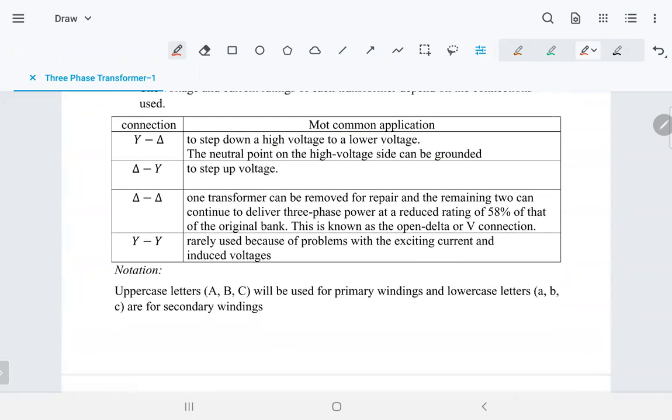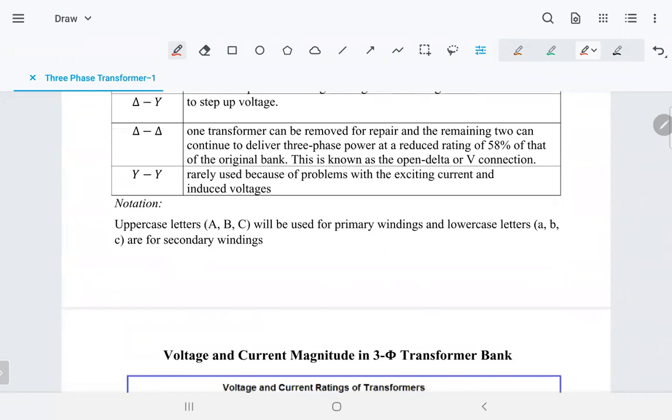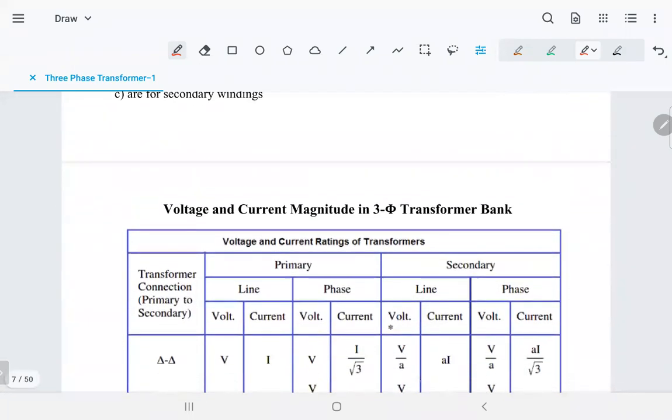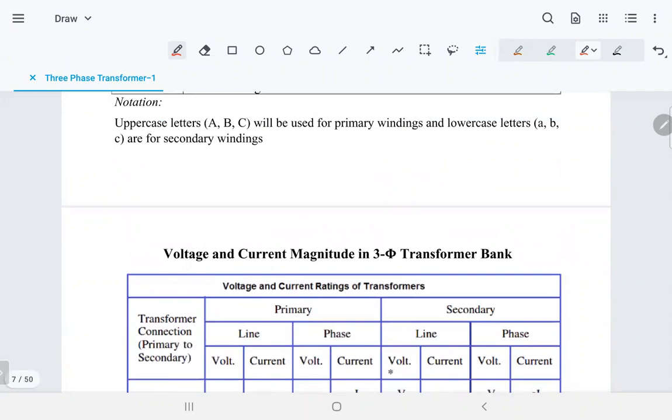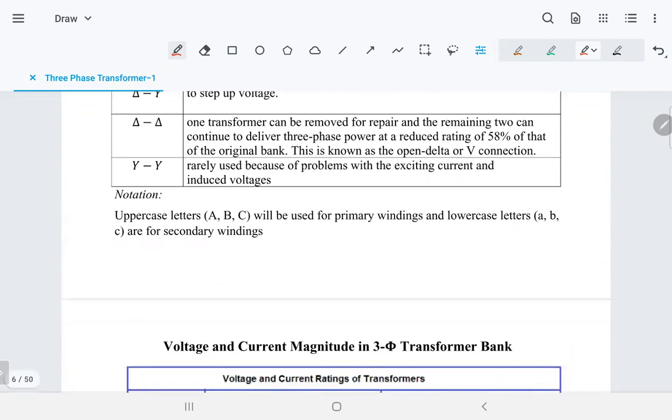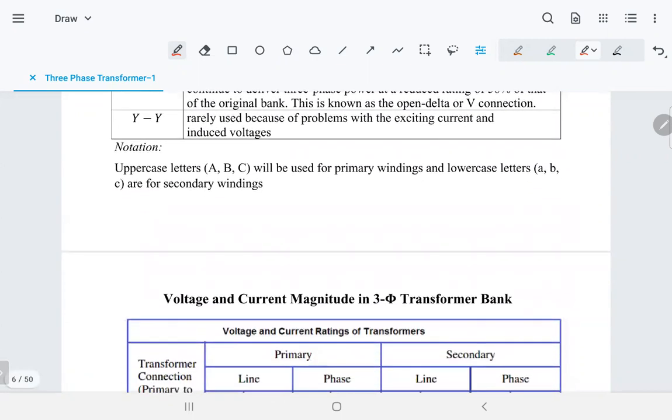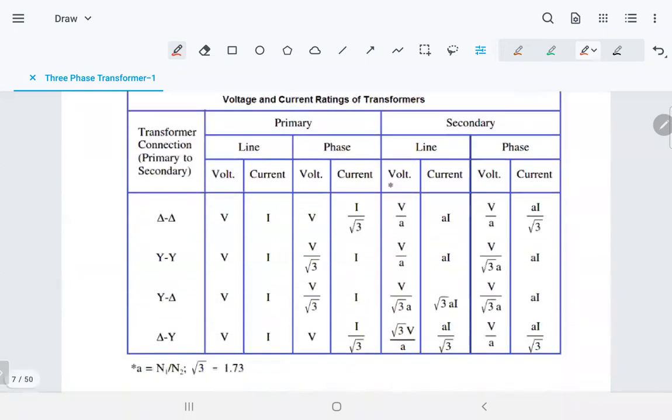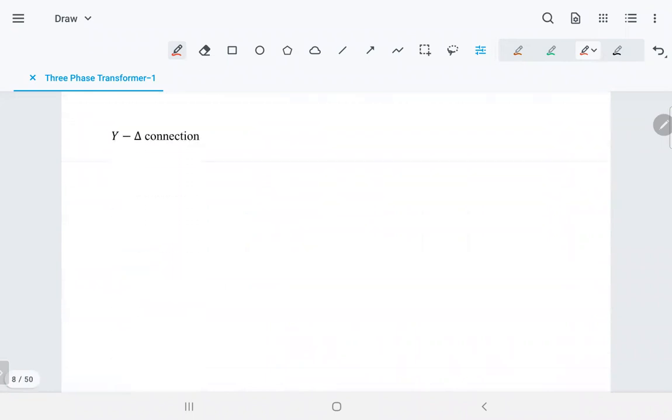Well, so these are the connections, and I showed one connection, and we want to know how we can analyze the power transfer. Well, there are many connections. I'm going to choose Y delta, and whatever I do with Y delta, you can do in any other connection, like delta Y. So Y delta, I will sketch the easy one.